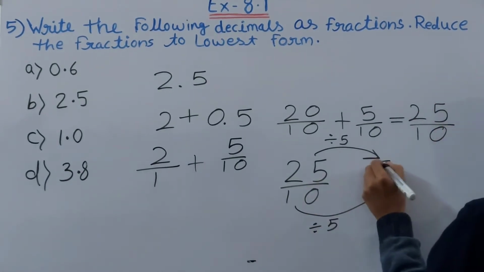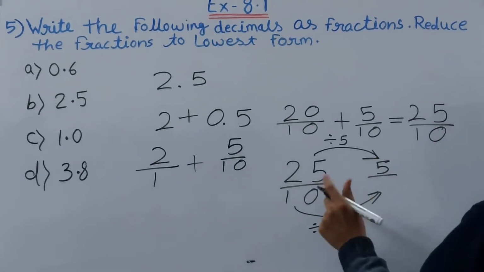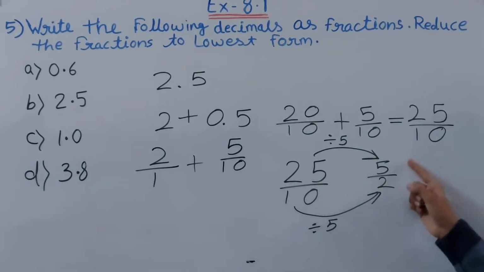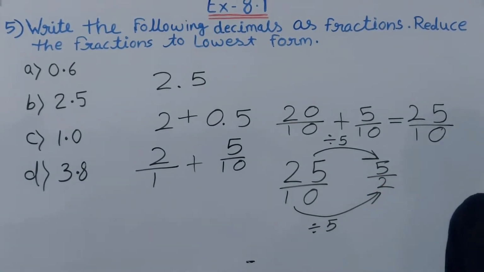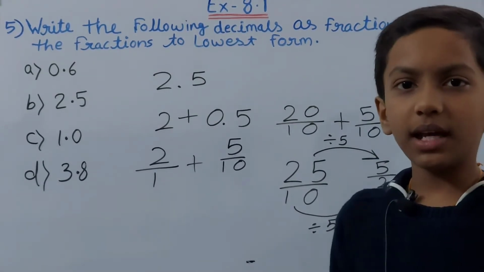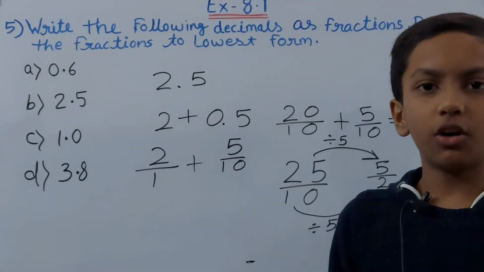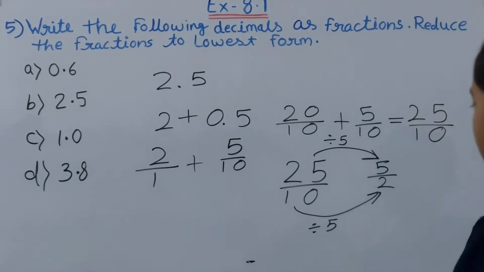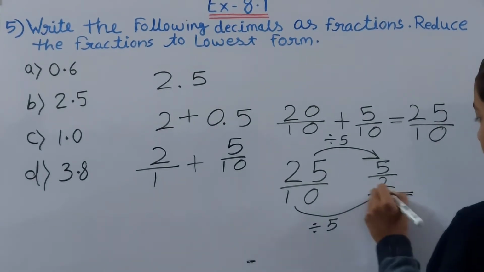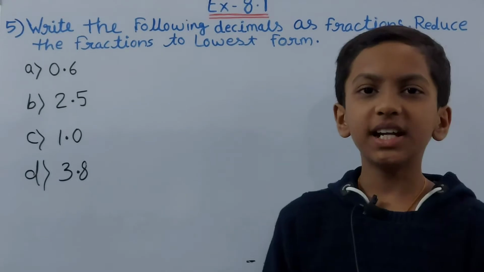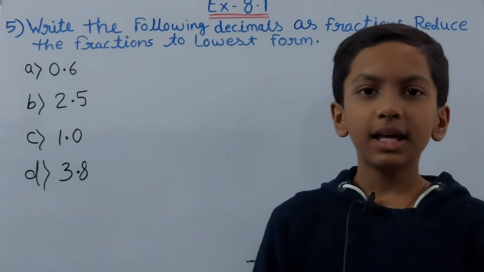So 25 goes 5 times and 10 goes 2 times. So this becomes 5 upon 2. Now look for a common divisor of 5 and 2. There is no common divisor, so this is our final answer, 5 upon 2. Friends, now let's move on to the next part.